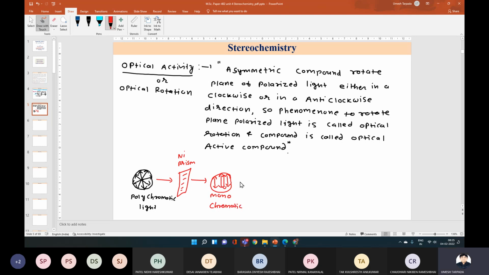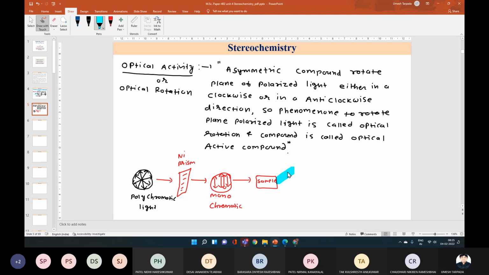When this monochromatic light is passing through the substance, here your sample is there. So this sample rotates this light either in a clockwise direction or in an anti-clockwise direction.